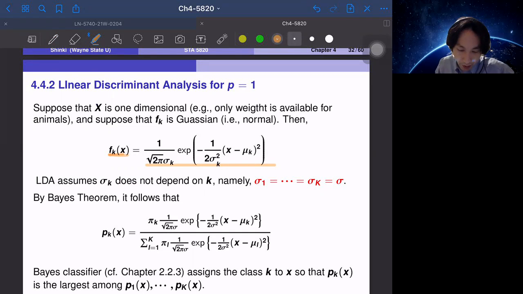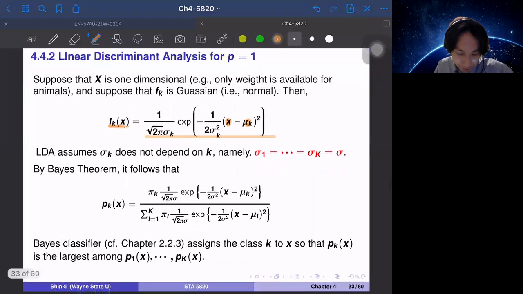In the one variable case, this is just the univariate normal distribution, and in the multivariate case, it is the multivariate normal distribution. So X may be a vector, and in such a case, mu k is a vector. Here, weight, height, and neck length, so X is a three-dimensional vector, and mu k is also a three-dimensional vector. That is possible.